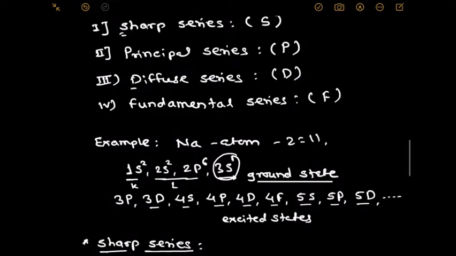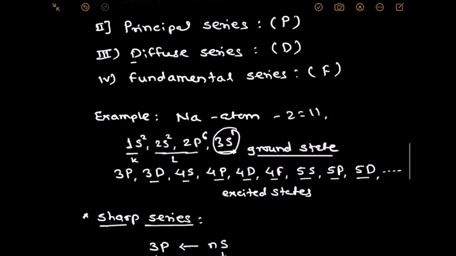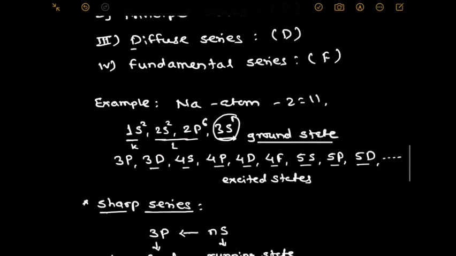Now, how do we get the Sharp series? For explaining the transition process and resulting spectral lines under the Sharp series, we ask which are the excited states. We know that above the ground state all are excited states.